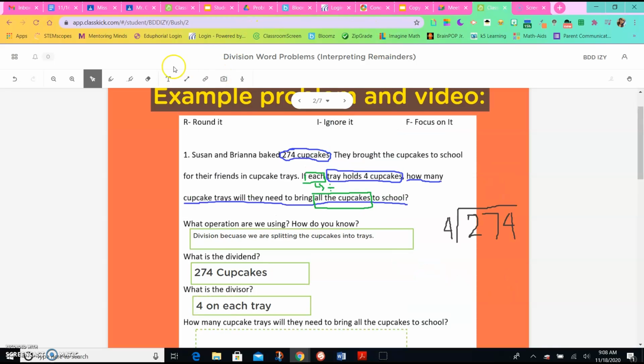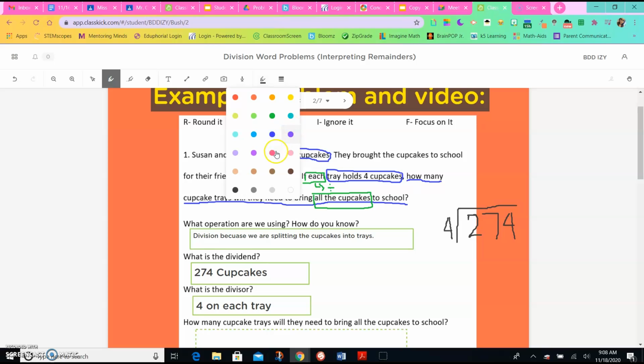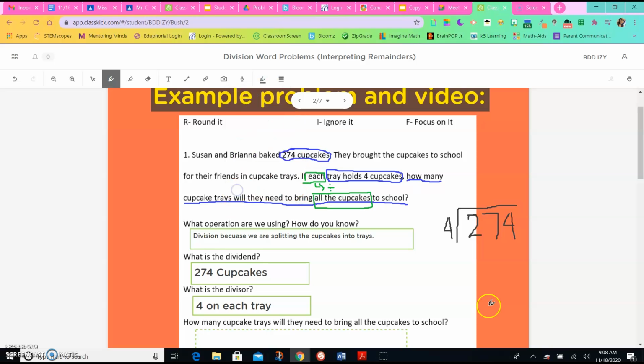So now it's time for me to solve my equation. So here we go. How many groups of 4 can I make out of 2? 0. 0 times 4 equals 0. 2 minus 0 equals 2. And then I bring down my 7.